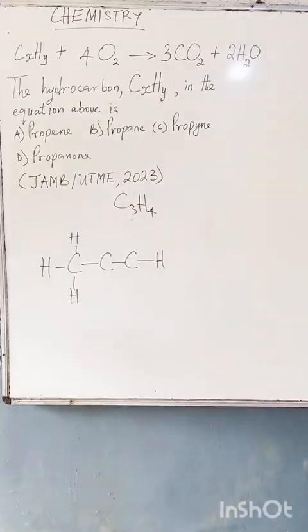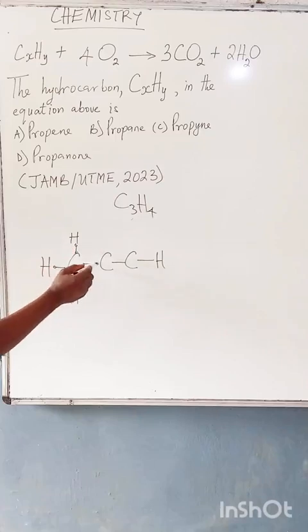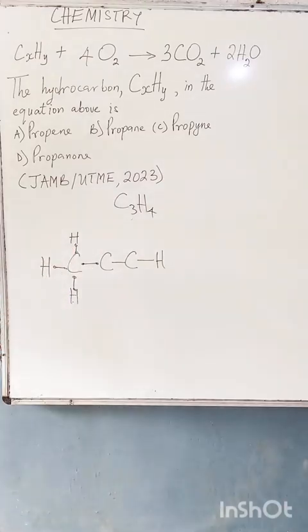So let's check. You remember that a single bond means 2 electrons. For this carbon, how many electrons are around it? 8: 1, 2, 3, 4, 5, 6, 7, 8. So this carbon is satisfied, while the hydrogen atoms are also satisfied in terms of their doublet structure.